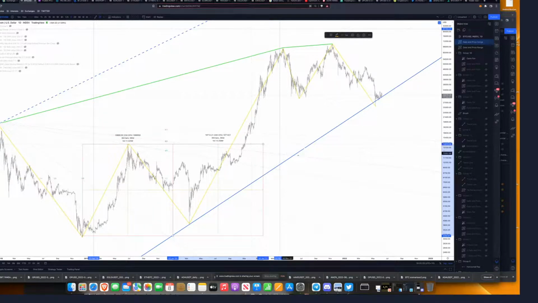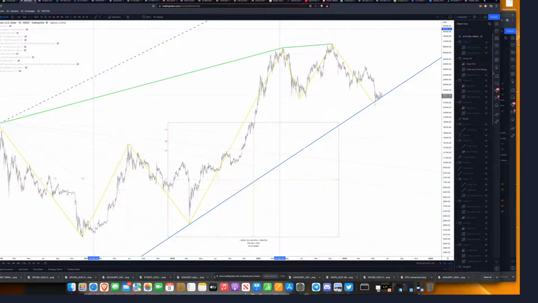It's just to confirm. So actually, let's go back one. We didn't confirm, did we? So if we do this, the one is exactly on the box. So the whole idea is to get the box aligned with the fib, the one to one, to that corner of the box.